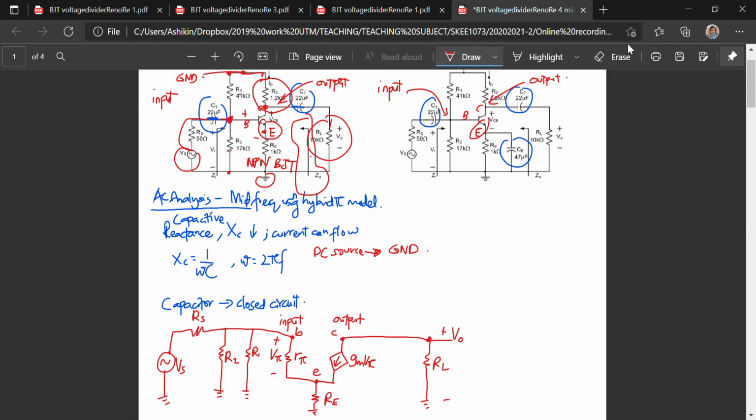Thus, we draw RC before RL. So at the collector part, we connect to RC, and then we have Zout. And then we have another Zi over here pointing to the base. So this is the AC equivalent circuit during mid-frequency using the hybrid pi model for circuit number 1.